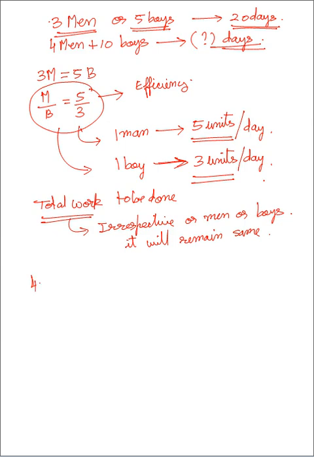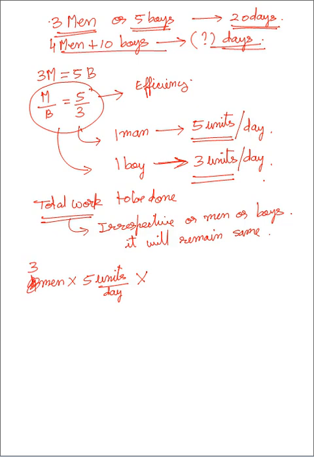One man's efficiency is how much? 5 units per day. Multiply by how many days? Sorry, here it is 3 men because the question is 4 men plus 10 boys.